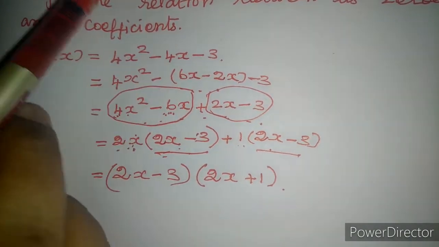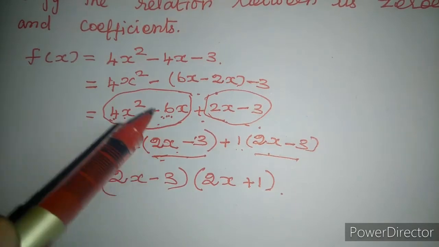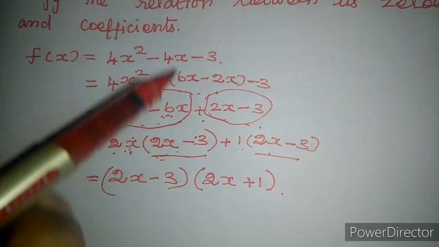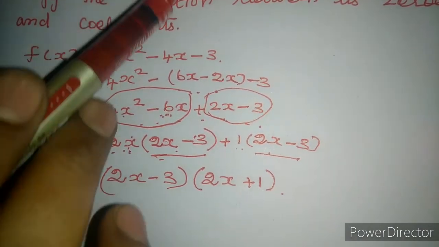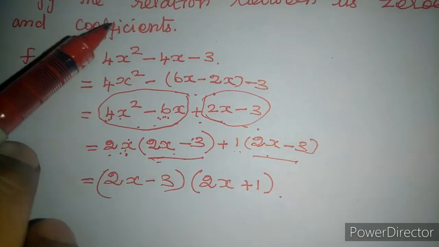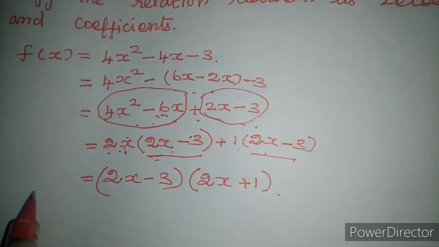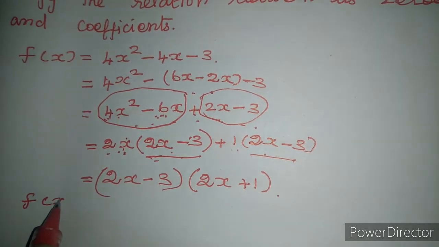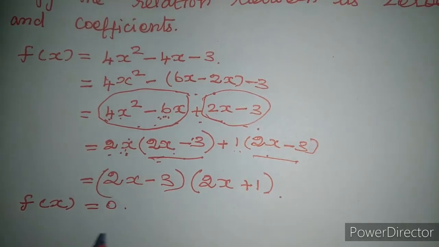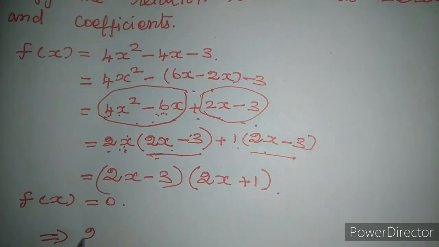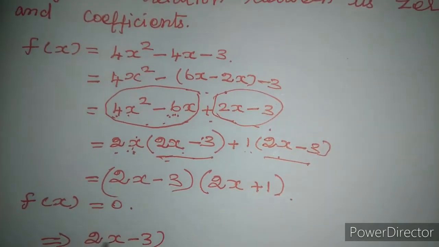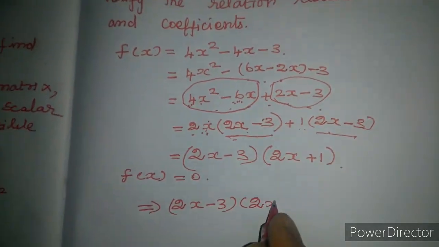Next, we have to find the zeros of the polynomial. So first we factorized. Then we have to find 0. To find the zeros of the polynomial, we have to put f of x equal to 0, which implies 2x minus 3 into 2x plus 1 equal to 0.